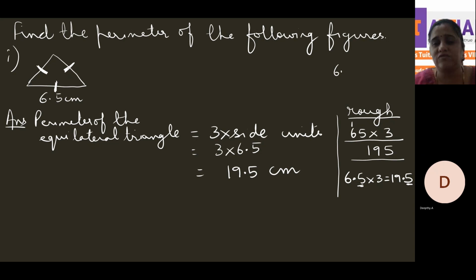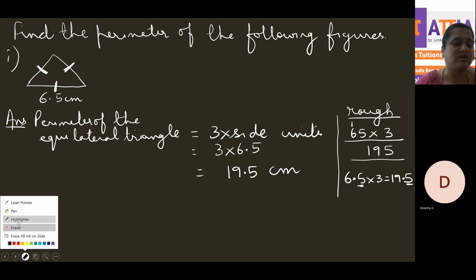So the perimeter is 19.5 centimeters. Is it understood?